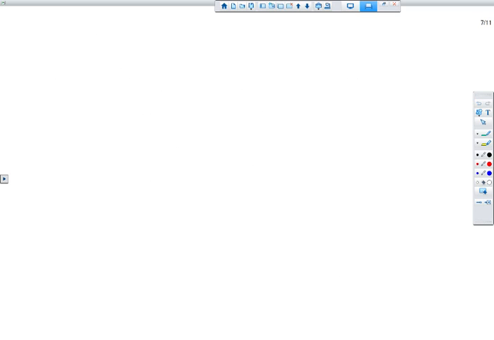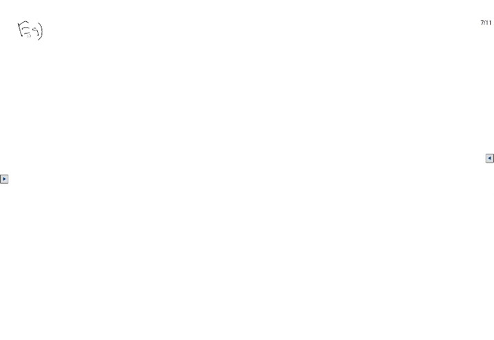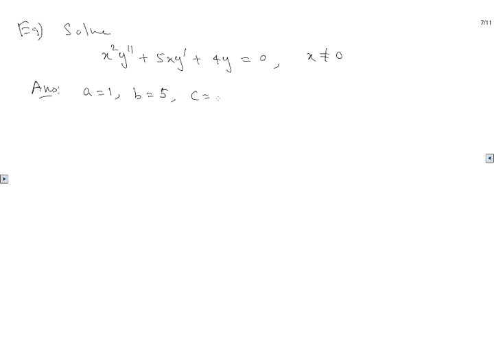So the next example: solve x squared y double prime plus 5x y prime plus 4y equals 0. Let's say general case, x not equal to 0. Again we can identify a, b, c. So a equal 1, b equal 5, and c equal 4.